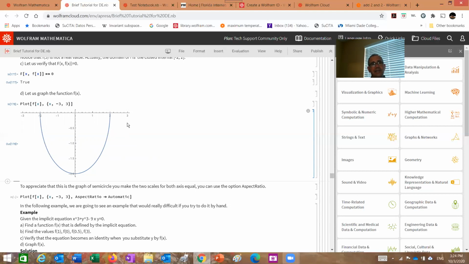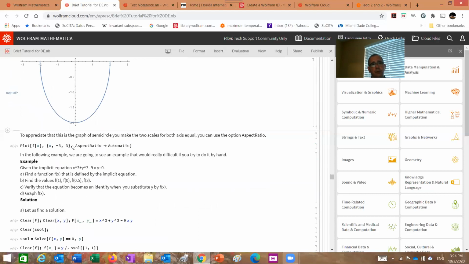And then to make the scales equal, you will need to use the following option for the function plot, which is aspect ratio. You make it automatic, aspect ratio, and then remember to enter this arrow here.